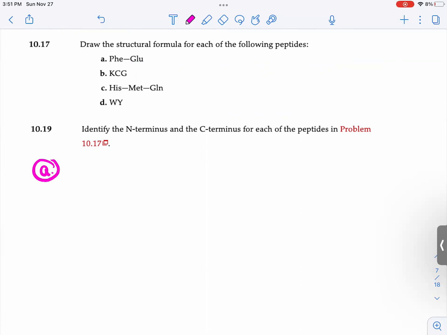So let's see, what do we need here? We have phenylalanine. Let's draw this out. So glutamine. So if we have, draw our backbones.